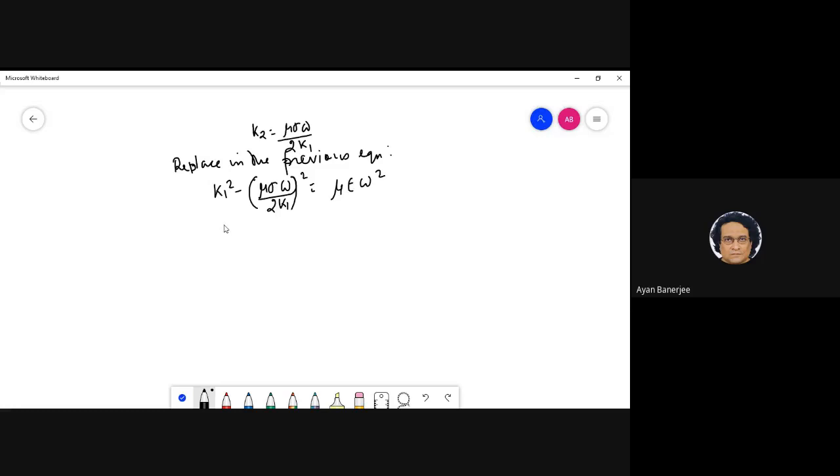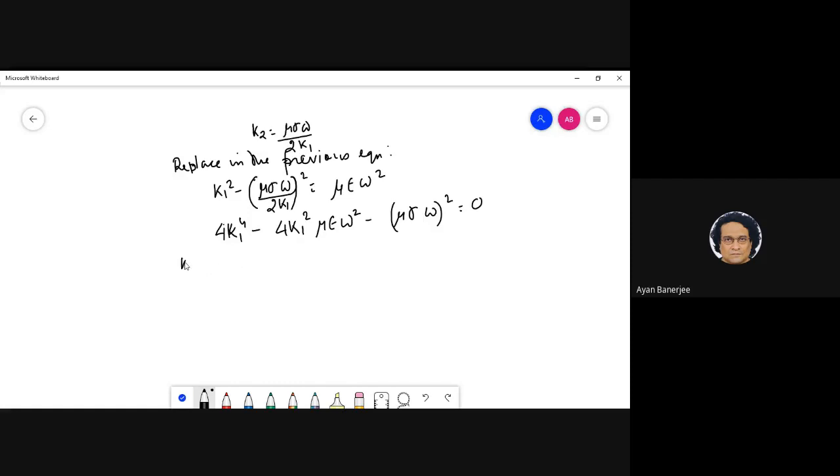So basically we have 4 K1 to the fourth minus 4 K1 square mu epsilon omega square minus mu sigma omega whole square is 0. This is fine, no? Fine.